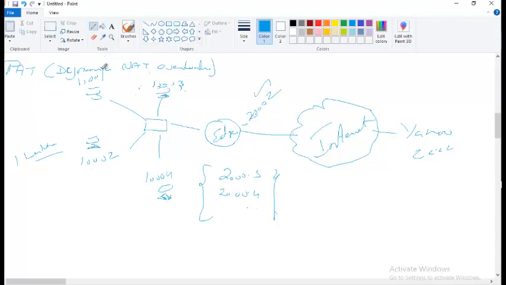If all go online at the same time, this one address may not be sufficient, because the maximum number of port numbers that we have is 65,536.